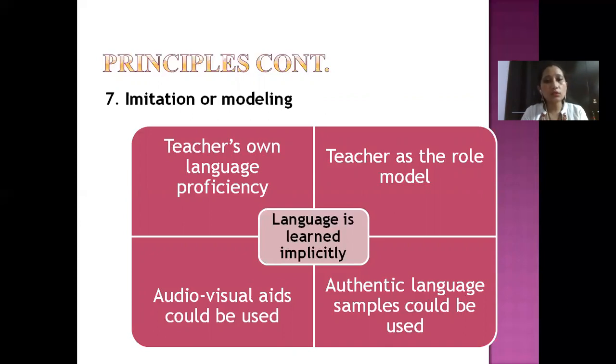So, as language teachers, we should definitely try to work on our own language proficiency, as the teacher is the role model for students. And yes, the teacher can also make use of some audio-visual aids and some authentic language samples like audios, videos, interviews, etc., in order to give a broader language repertoire to the learners.